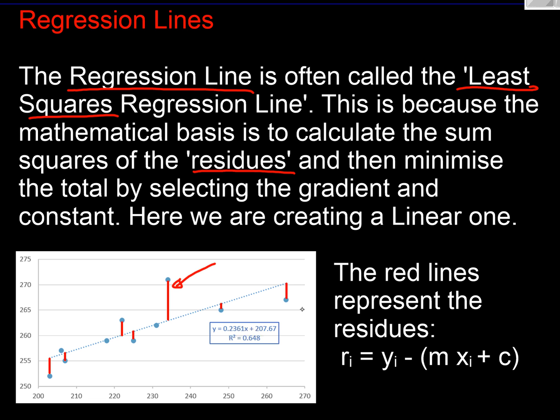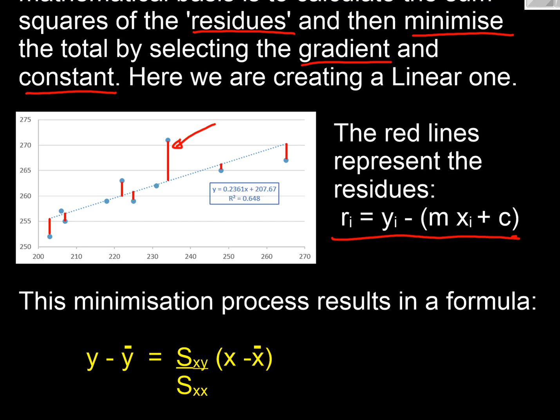It calculates all of those and squares them so that we've got positive values, and then adds them together, so we've got the sum of the squares of the residuals, and then the maths looks to select a gradient and a constant to minimize that value. So in each one here, it's looking to minimize these residuals, which is the y value take away the mx plus c it's created. I'm not going to go into the detail of that in this video.